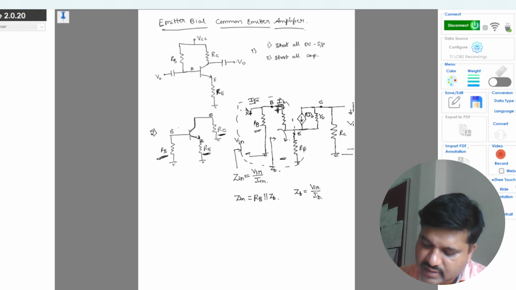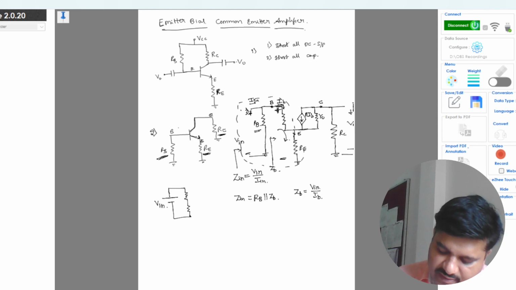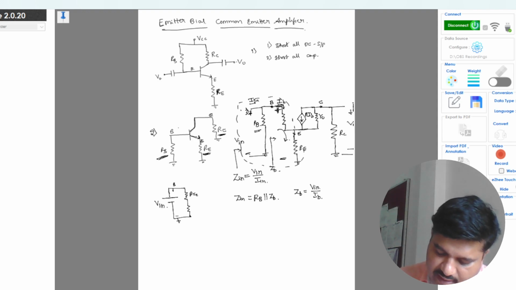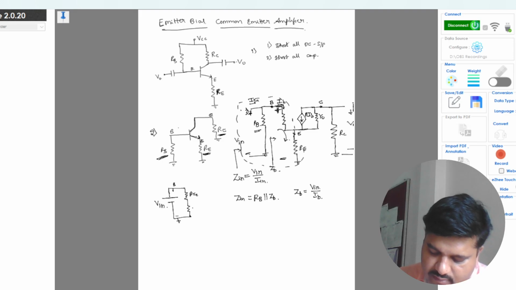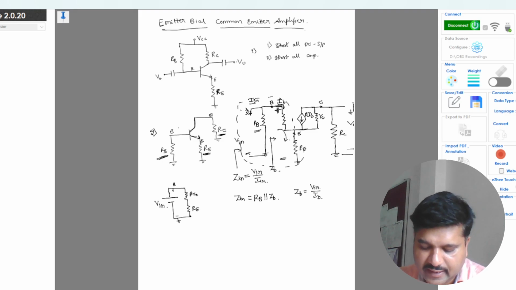I will write this part as the modified circuit. This is Vin, the voltage across ZB from base to ground, and this is beta Re, and this is Re. I have written only the ZB part that I am analyzing here.